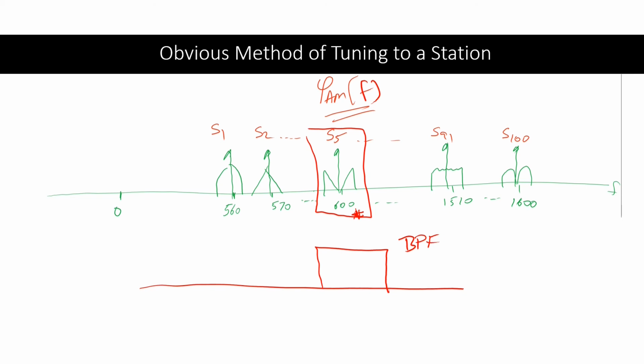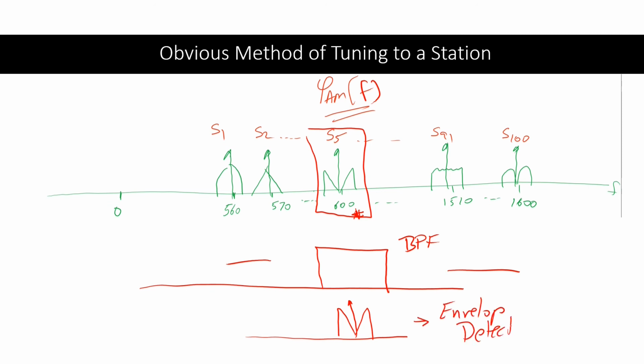In this way we would reject all of these other stations and eventually we would have the desired station. And once we get that, we would use an envelope detector followed by a DC block to receive our particular station.